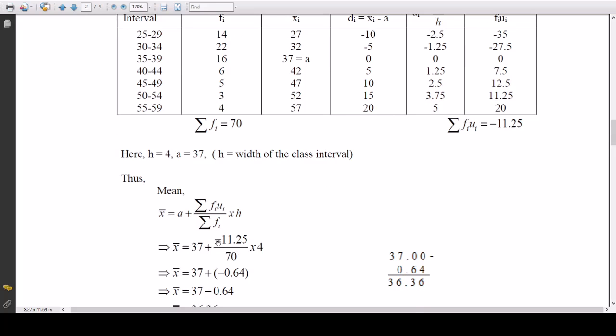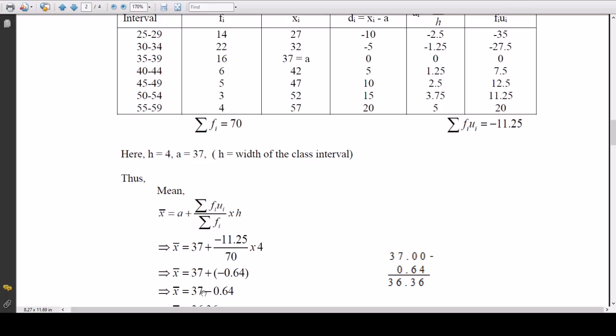Then here plus multiply minus is minus. If you multiply 11.25 multiply 4 and then divide by 70, you will get 0.64. Minus is there, but minus plus is minus.